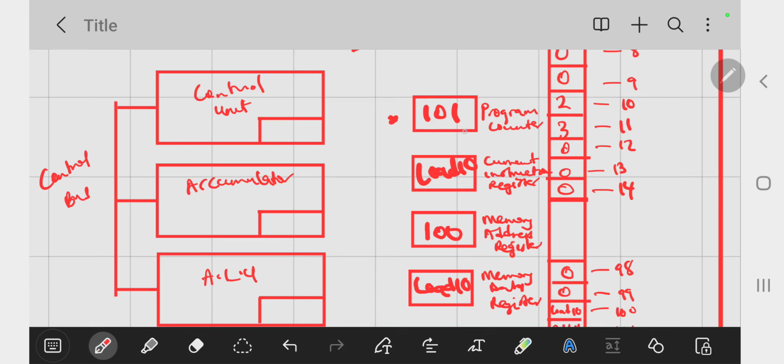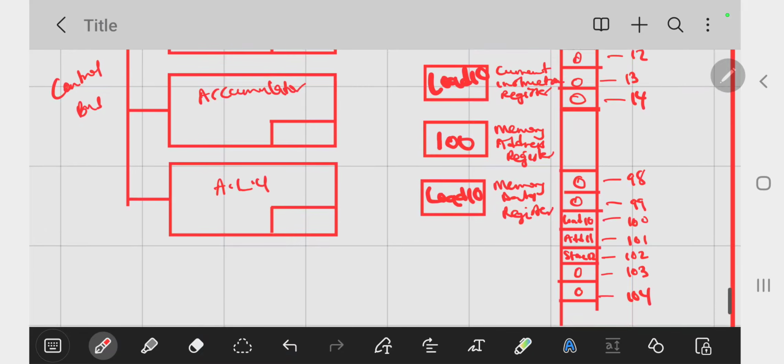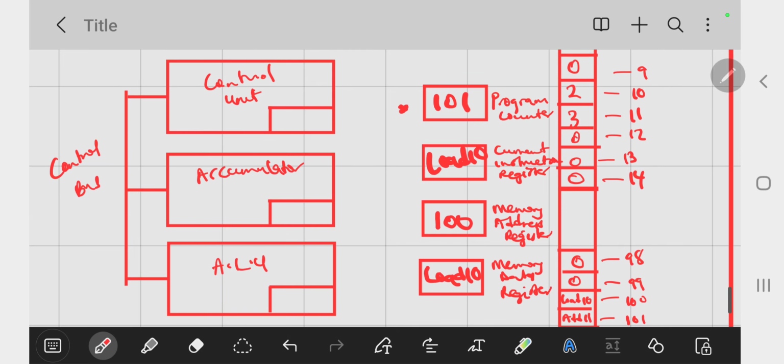And what this means is that the program counter will be pointing towards the memory address of the next instruction which is supposed to be fetched. So you notice that the next instruction in this list is supposed to be add 11, right? Yeah, so this is the first stage, which is all about fetch.